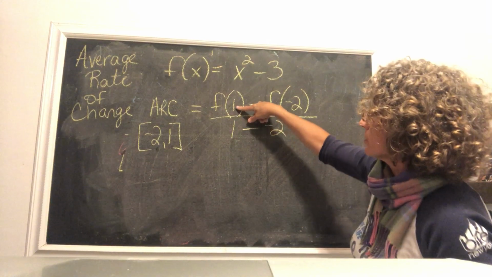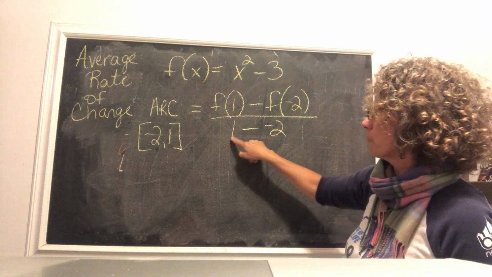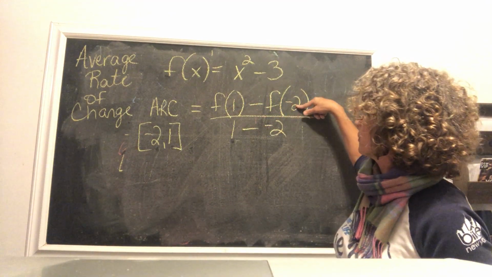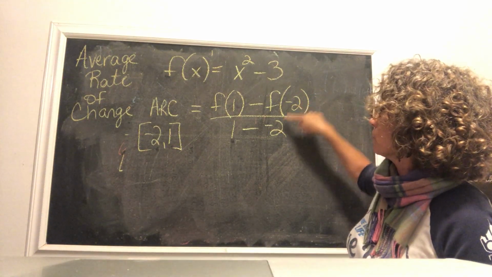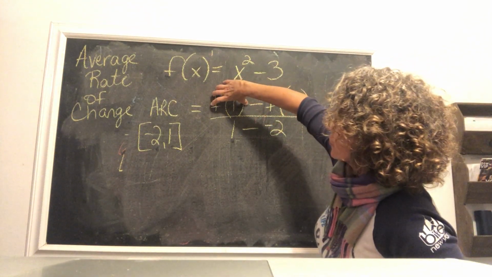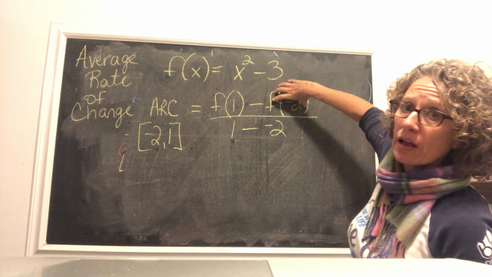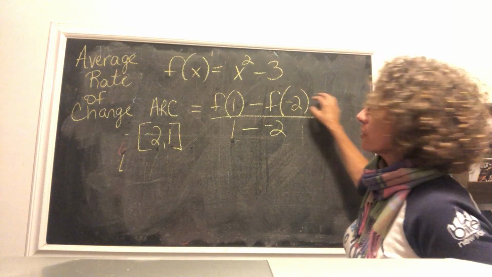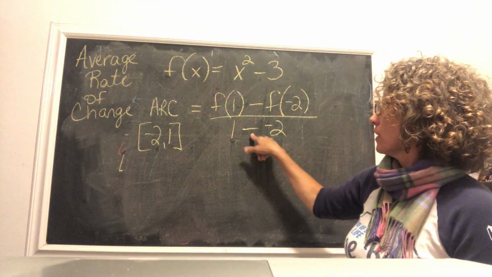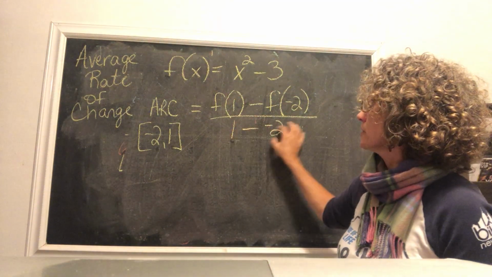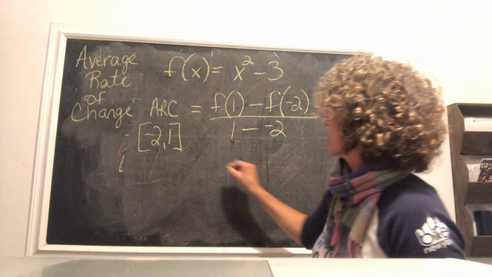Notice here that this value, x, will line up with this x value, and this value here will line up with that one. This is actually, f at 1 is the y value minus the y value, so this is essentially delta y, and the x value minus the other x value is delta x, the change in y over the change in x.